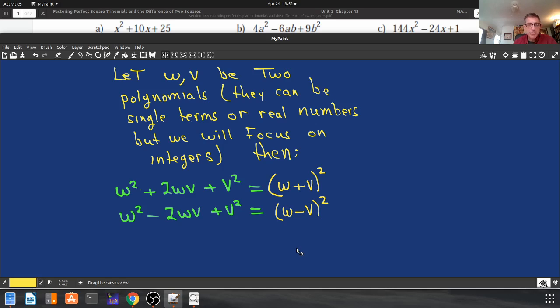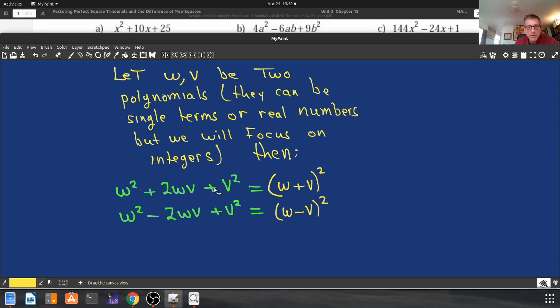So what's going to happen is we're going to be given something like this. Now W is not going to be W and V is not going to be V. They're going to be polynomials or polynomial terms, or perhaps just integers. But we have to match what we're given with these. Once we identify what we're given as my W and my V, then we can check that the first term is really W squared, the last term is really V squared, and that the middle term is 2 times WV.